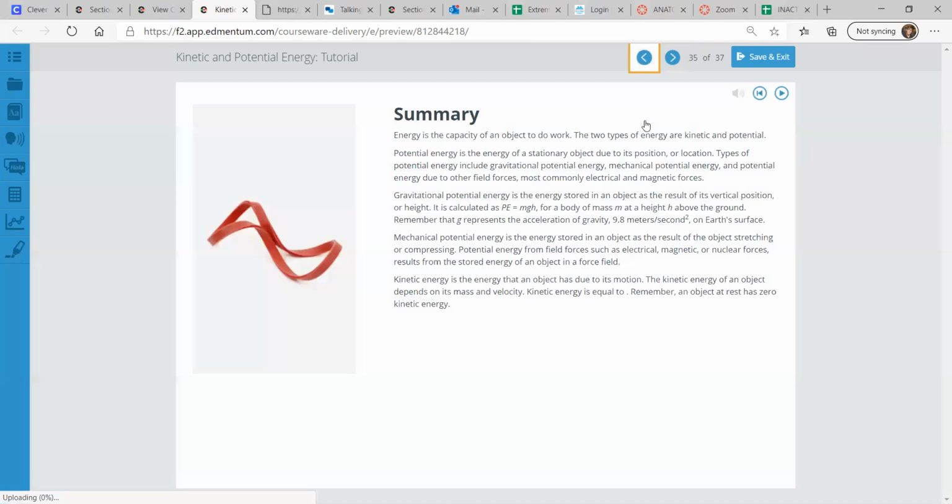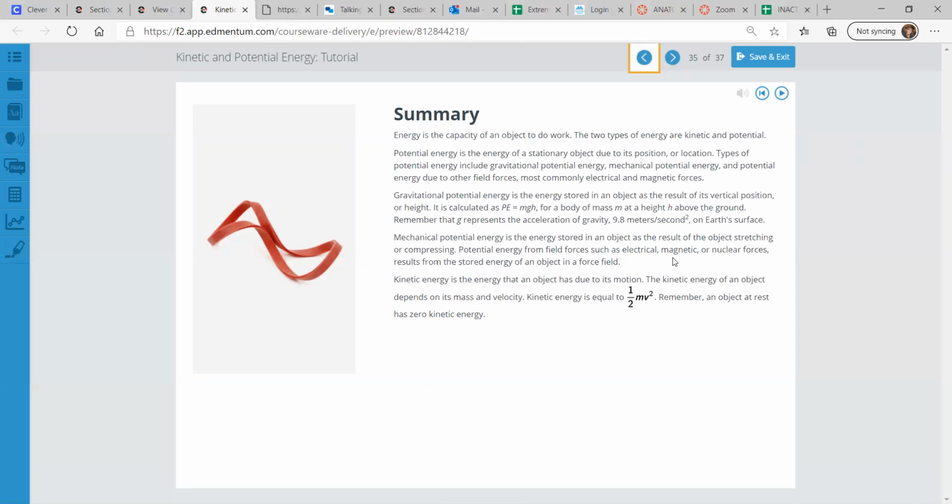So in summary, energy is the capacity of an object to do work. And that energy can be kinetic, motion energy, and potential, stored energy. Potential energy is the energy of a stationary object due to its position or location. The different types include gravitational potential energy, mechanical potential energy, and electrical and magnetic forces that have some type of potential energy as well.